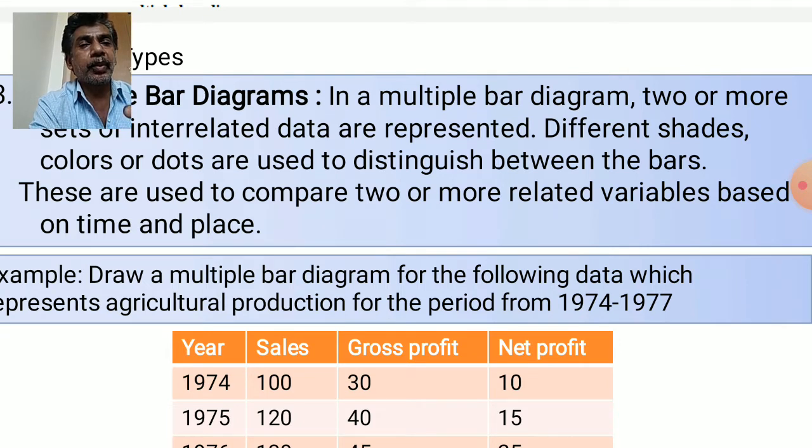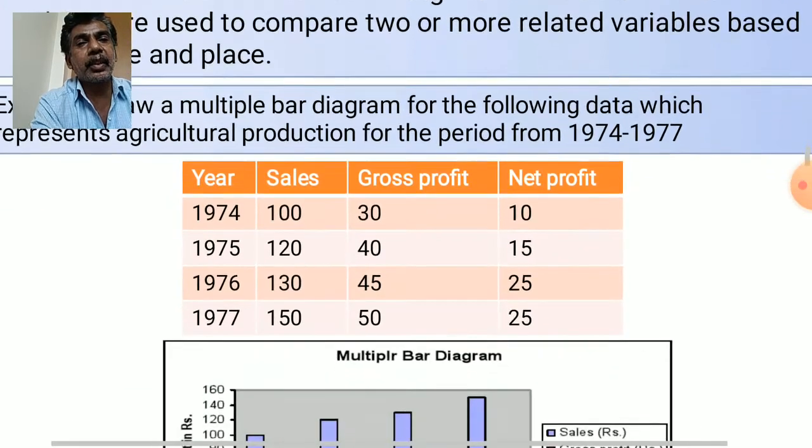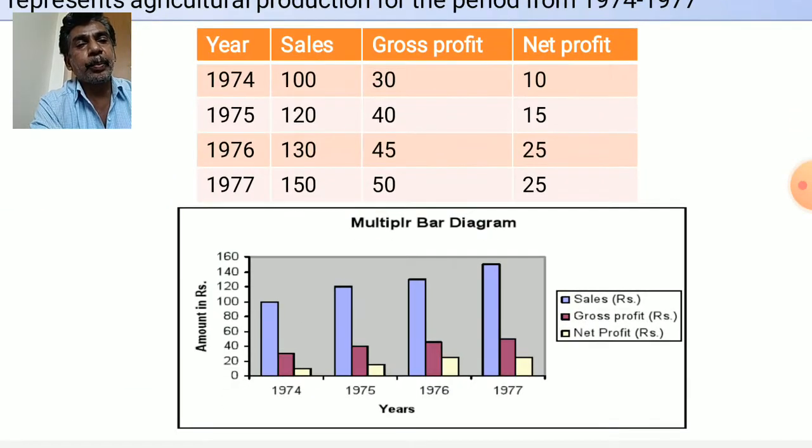In a multiple bar diagram, two or more sets of interrelated data are represented. So for representing that interrelated data, different shades, different dots or different colors have been given.